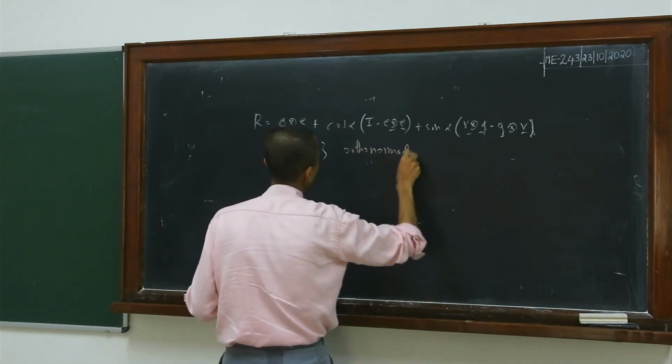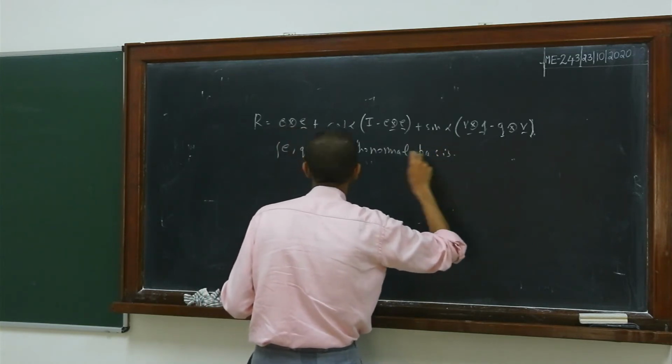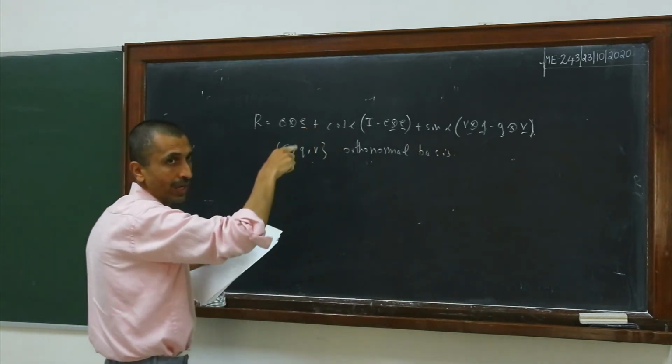So this e is the same as that axis, whatever, R e is equal to e.